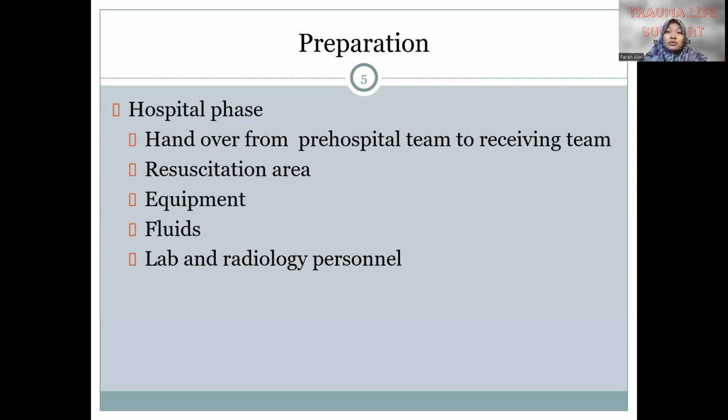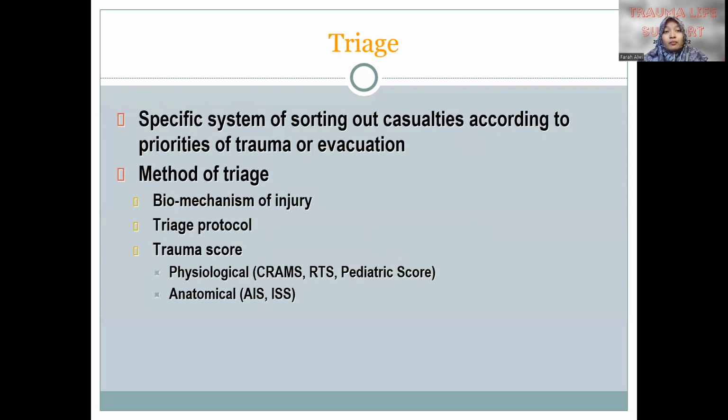You can also give your lab and your radiology teams a heads up. Tell them we have a polytrauma patient coming, and please be ready to come to the emergency department to do x-rays.